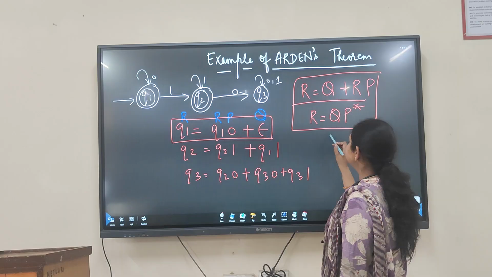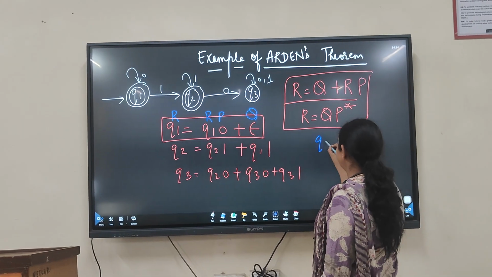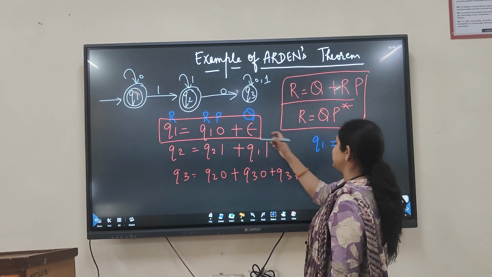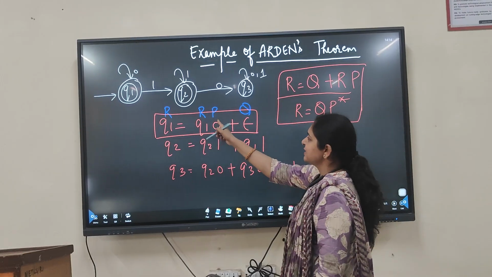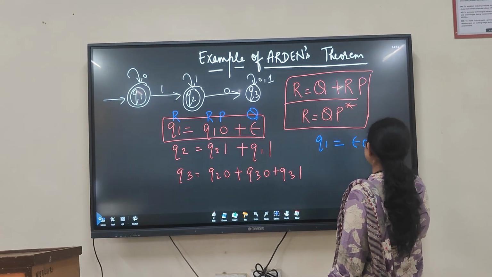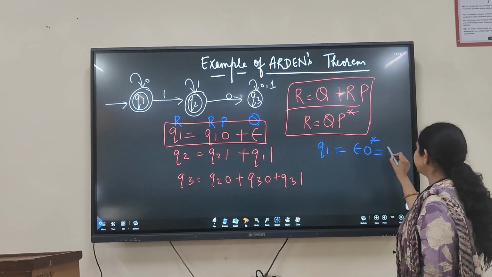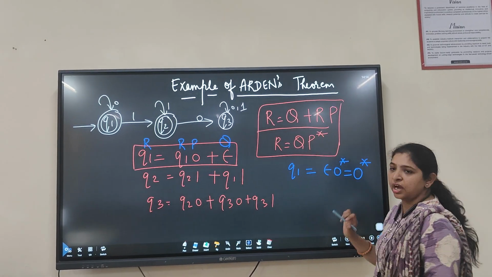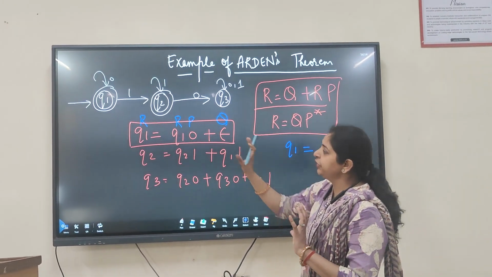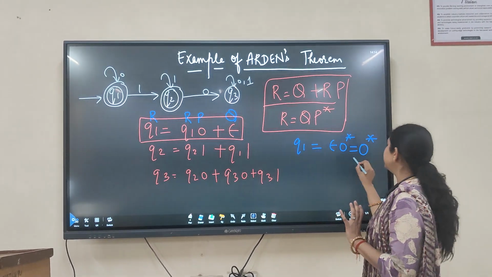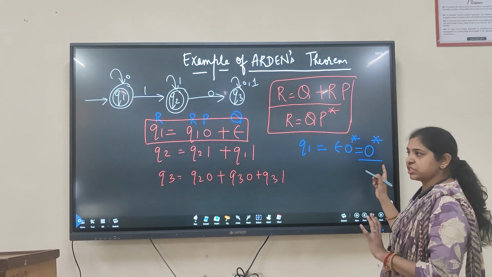So Q1 is equal to Q, which is epsilon here, and P is 0 here. So this is epsilon 0 star, which is further written as 0 star. For the equation Q1, the regular expression is 0 star.